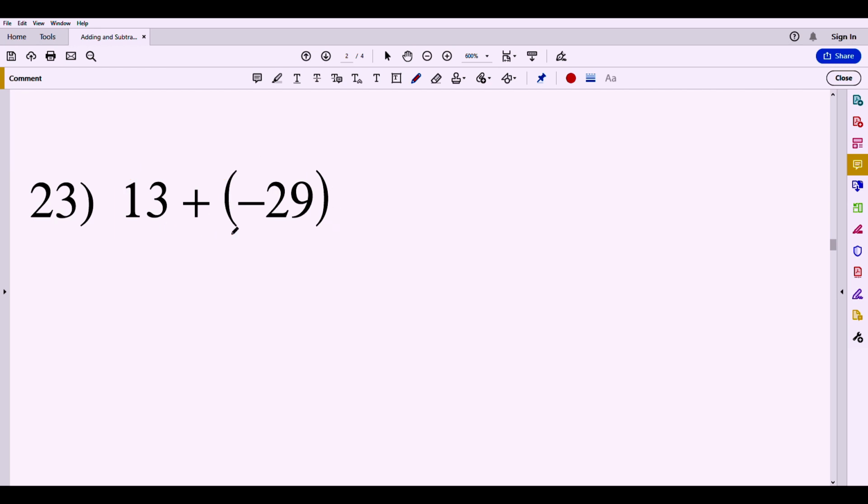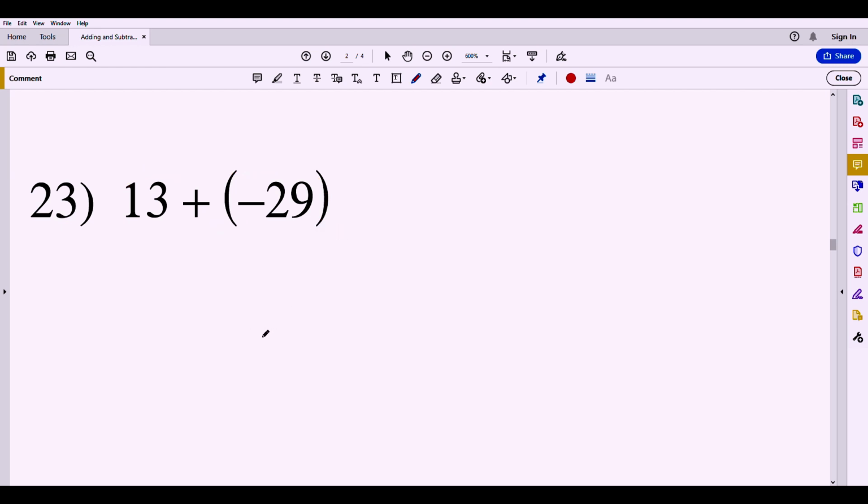One way I like to think about it is negative 29. If we subtracted 13 from 13, we would get to 0. But we're not adding a negative 13, we're adding a negative 29. So after I subtract 13, I still need to continue to subtract to be able to add that full negative number.